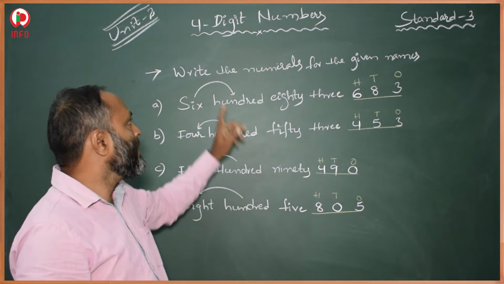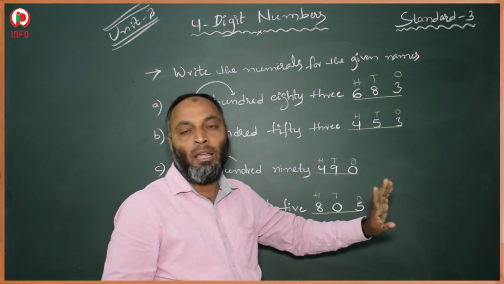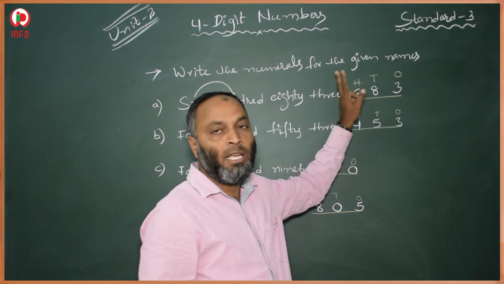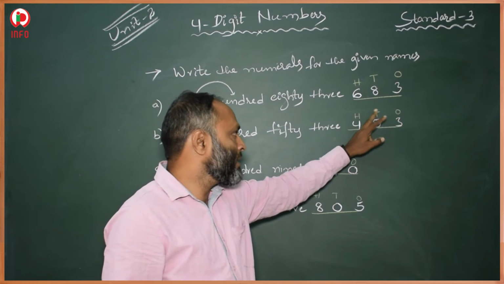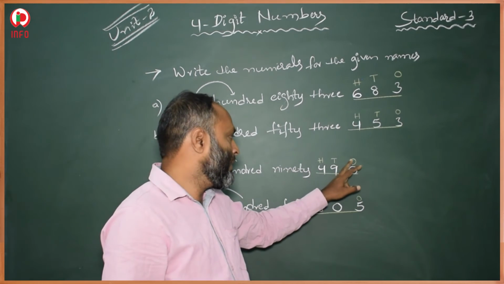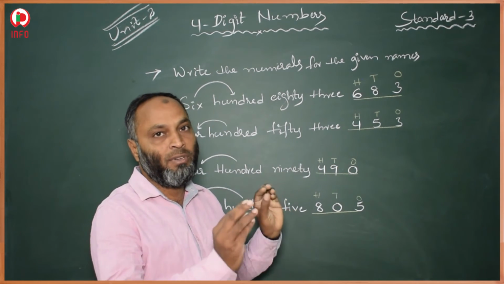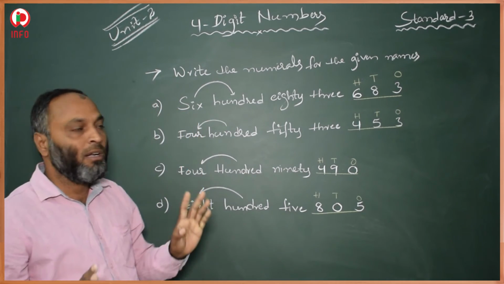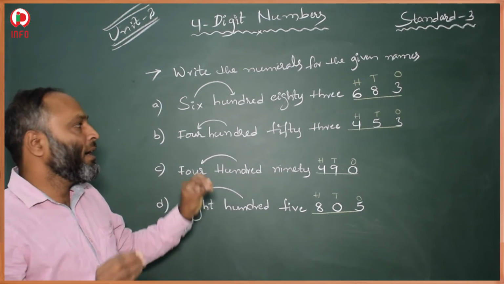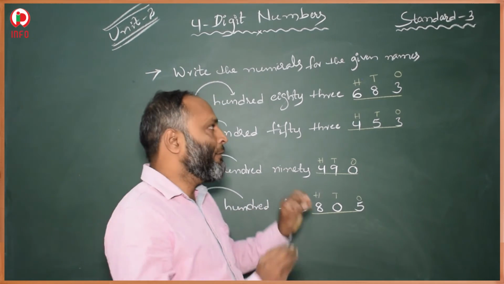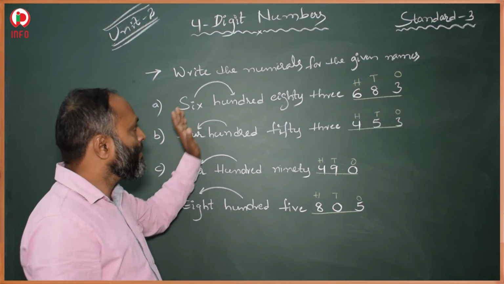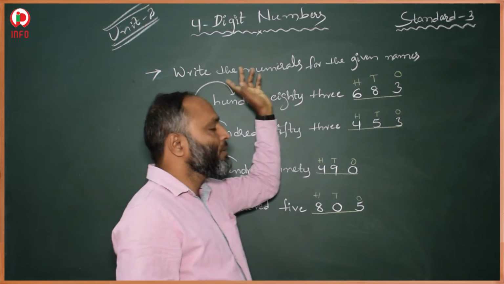In this recapitulation of 3-digit numbers, ones, tens, hundreds will come. First we arrange ones, tens, hundreds, and after that we check what number comes in the hundreds place, what number comes in the tens place and what number comes in the ones place. In this way we convert the given names into numerals.